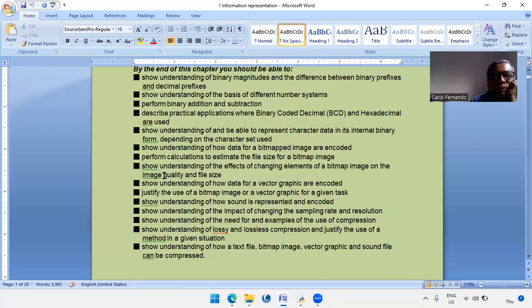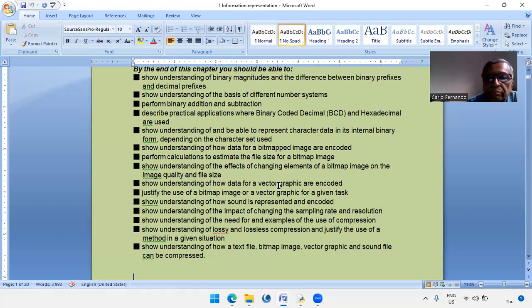We'll learn that. Show understanding of the effects of changing elements of a bitmap image on the image quality and file size. How do you make changes in the elements of a bitmap, and how the image quality and the file size are affected. And also you will understand how data for a vector graphic are encoded.